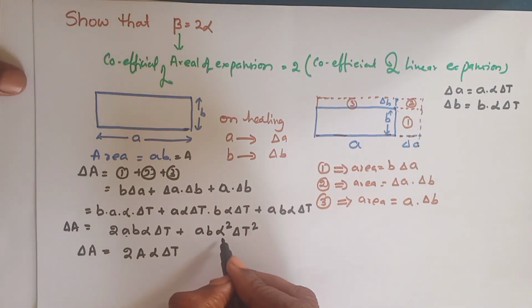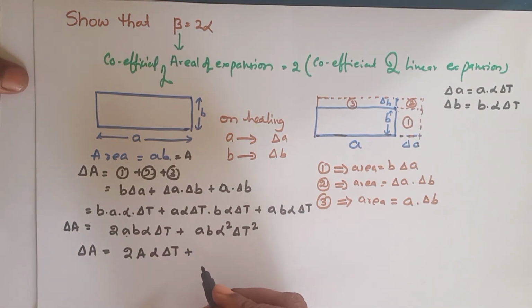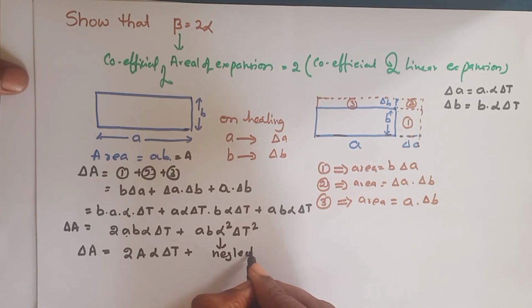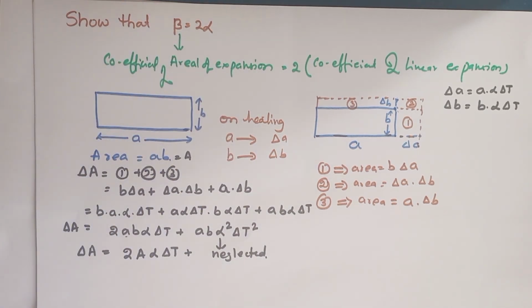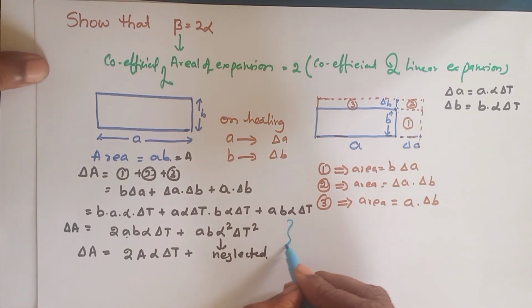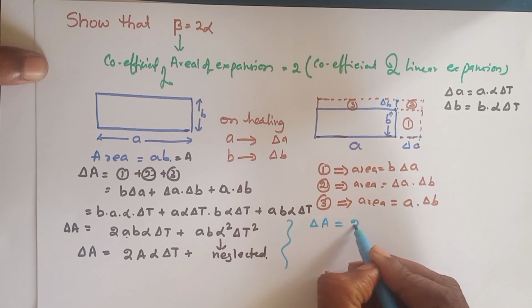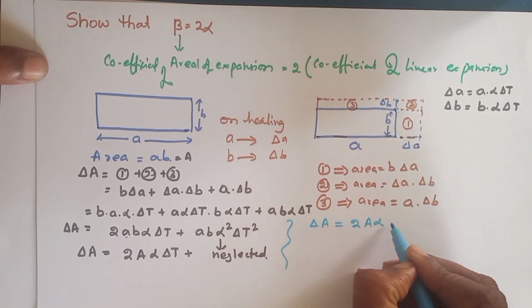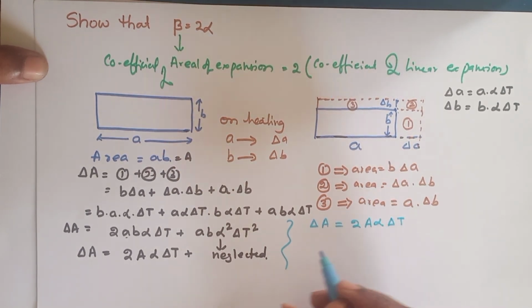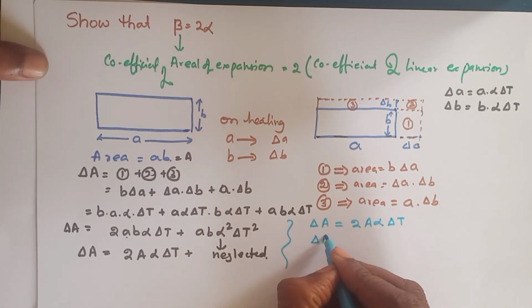Now here alpha value is very small actually. Now alpha square is there. This is neglected. Now delta A is equal to 2 into A into alpha into delta T. Shall I write like this?